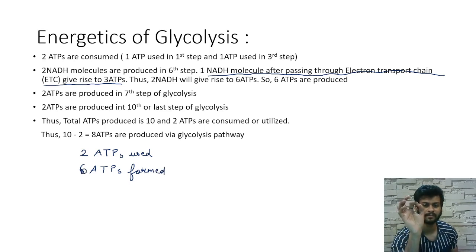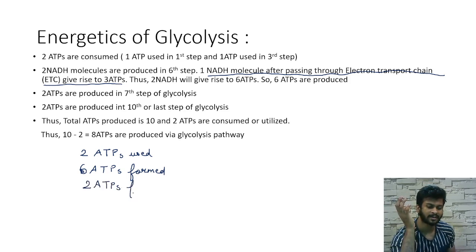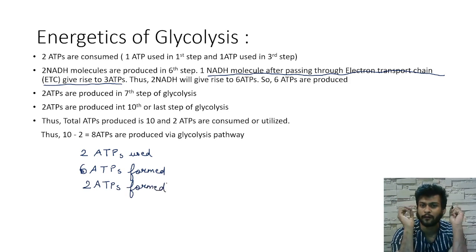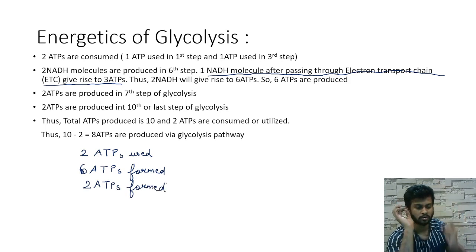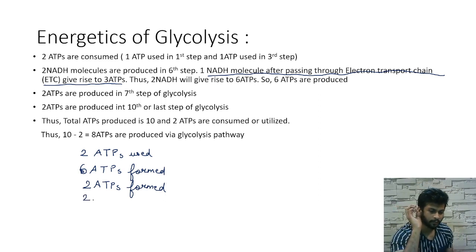In the 7th step, the reversible step, in spite of being a phosphorylation step, 2 ATPs were getting formed. And in the last step, the conversion of phosphoenol pyruvate to pyruvate, also 2 ATPs were getting formed.